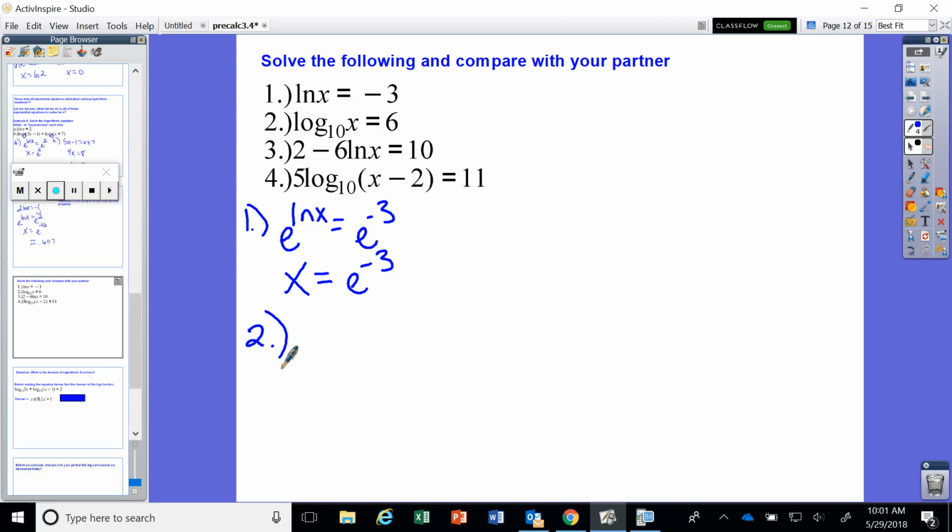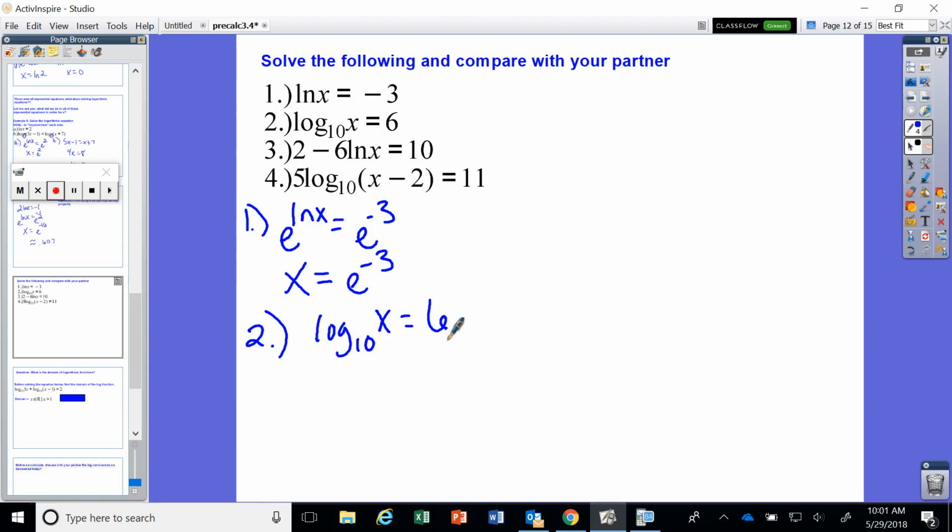Number 2, log with a base 10 of x equals 6. All right. So how are we going to go about solving with a log base 10 like so? Well, what are we trying to do here? Once again, we're trying to somehow get x into that exponent.